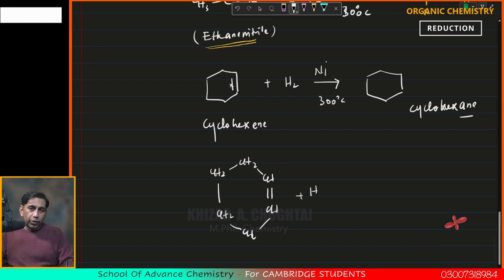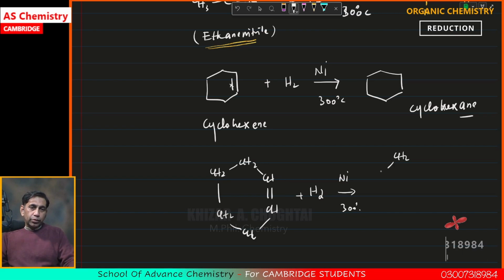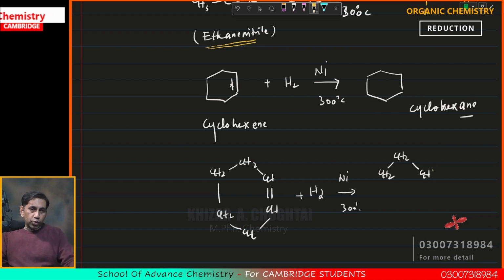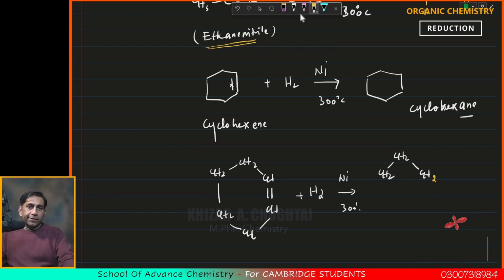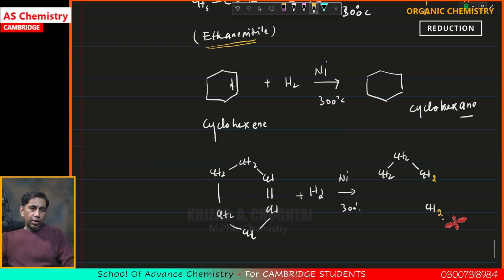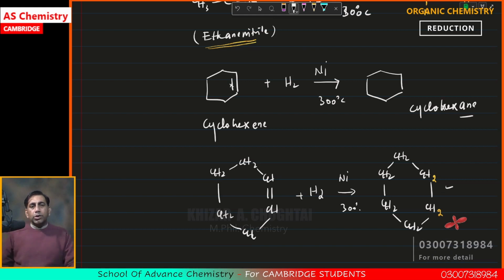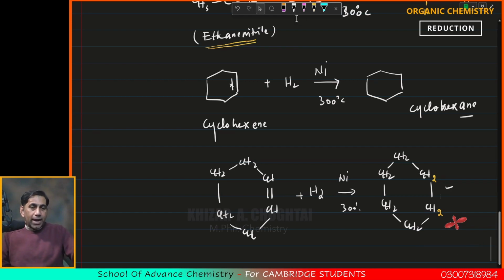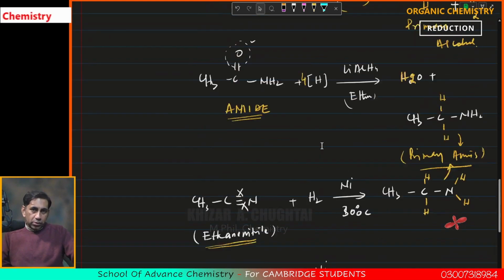This time I'm going to add hydrogen under the same condition, and it is CH2, CH2, CH2, and so on. These 2s are the indication of addition of new hydrogen. So you can also write in this way. This is also said to be reduction, addition of hydrogen.